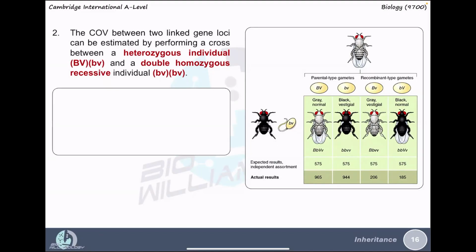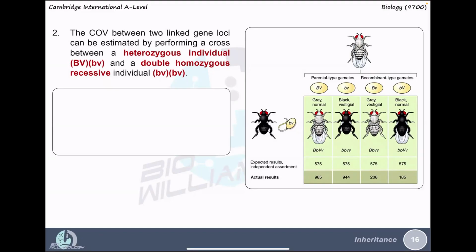So the expected result initially shows a 1:1 ratio, but it is not true because these two genes are linked genes. The genes coding for body color as well as wing shape are located on the same chromosome. Therefore, due to the higher occurrence of parental type gametes, the actual result shows that the parental type offspring occur in higher number.